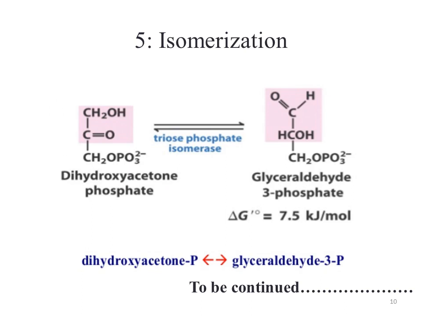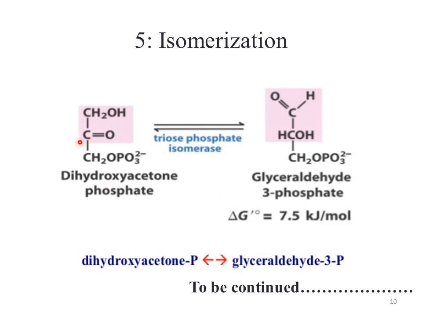So this is the isomerization. Again, isomerization means just the conversion of one form to the other, in which dihydroxyacetone phosphate gets converted into glyceraldehyde 3 phosphate, and this procedure occurs in the presence of triose phosphate isomerase enzyme. The only difference between these two is that one is an aldehyde and one is a ketone sugar. Both are three carbon compounds.